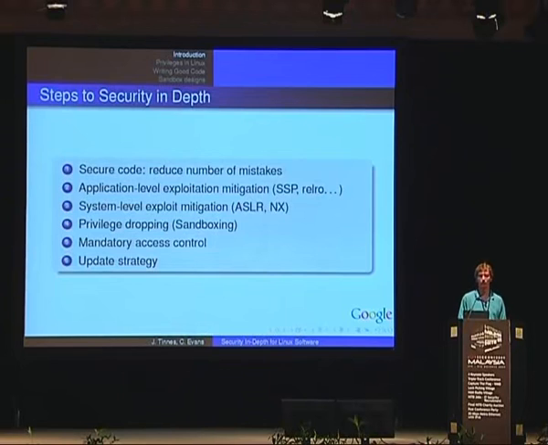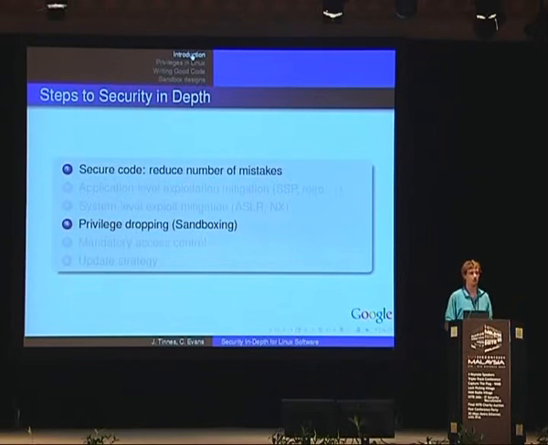You've probably heard also about system-level exploit mitigation techniques such as address space layout randomization and non-executability. You might have heard about privilege dropping, which we also call sandboxing in this talk. And you might also know mandatory access control, and you've heard about security updates, right? In this talk, we will focus on only two steps, which are secure code and privilege dropping.